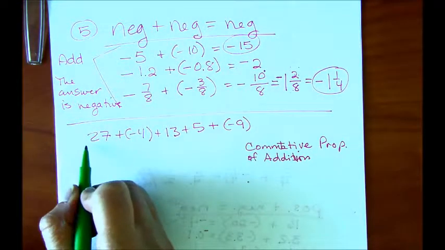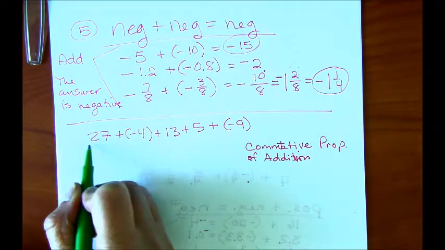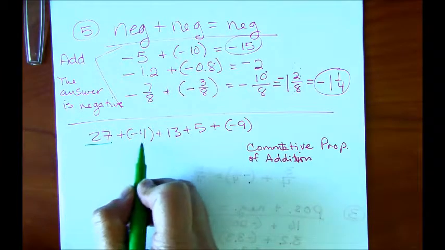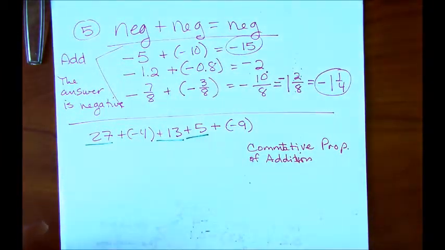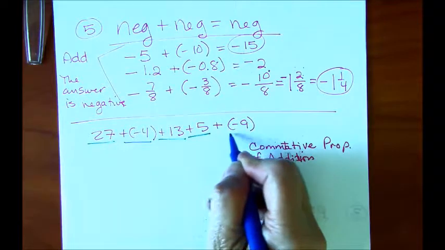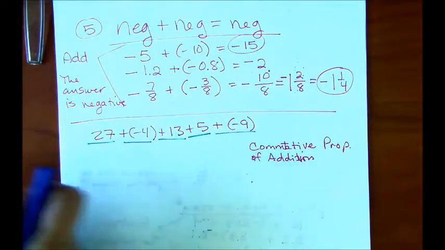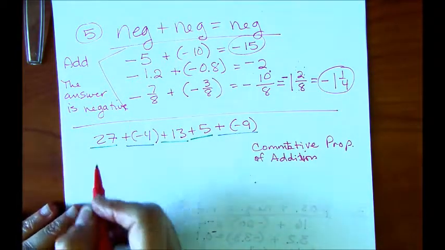I'm going to look at 27. I don't have a symbol here, positive or negative, so I can assume that's a positive. This is a positive, and this is a positive. And then the -4, that's a negative, obviously, and so is the -9. So I'm just going to group them according to their sign.